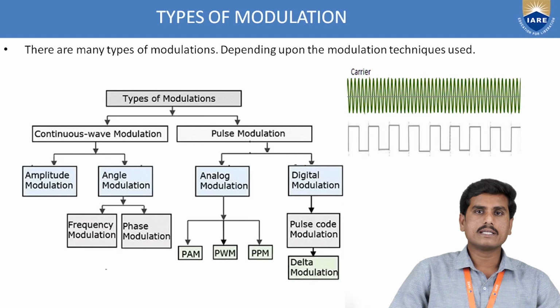In pulse modulation a pulse signal is used as the carrier signal. Based upon the pulse wave carrier, we have analog pulse modulation techniques and pulse digital modulation techniques. Now see what the analog pulse modulations are. The first one is pulse amplitude modulation, then pulse width modulation and pulse position modulation. And the pulse digital modulation techniques are pulse code modulation and delta modulation.